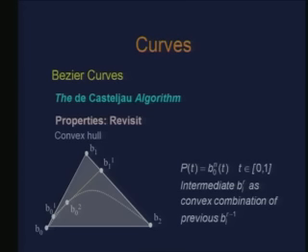Now, the other property which we looked at was the convex hull property. The convex hull property said that the curve which gets formed resides inside the convex hull of the control polygon.